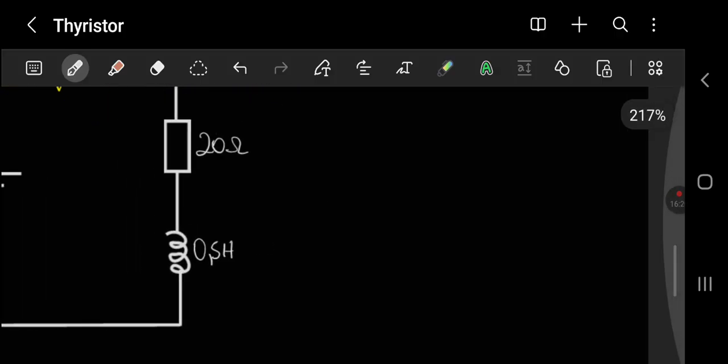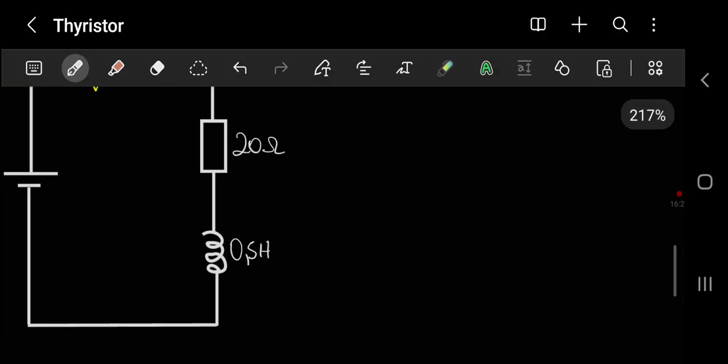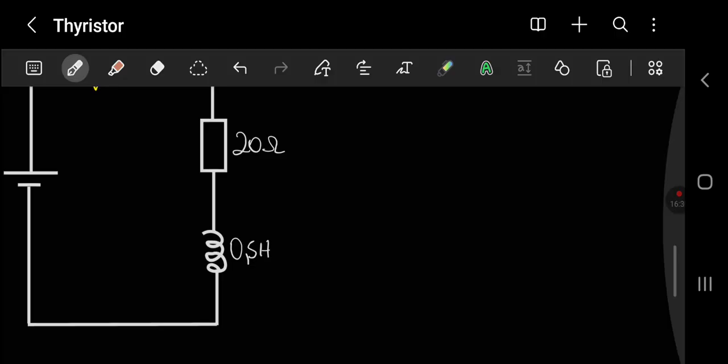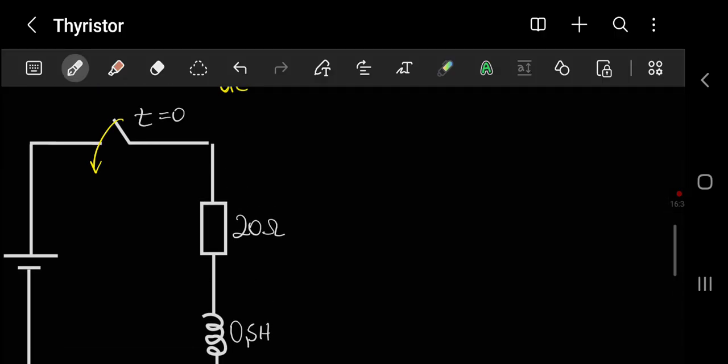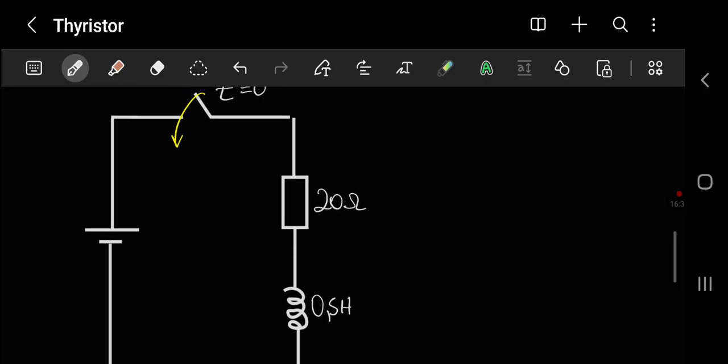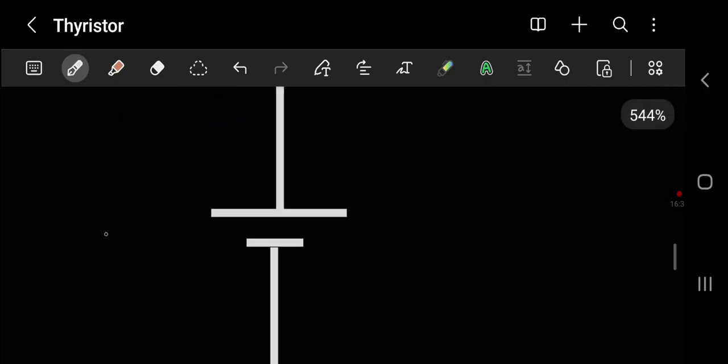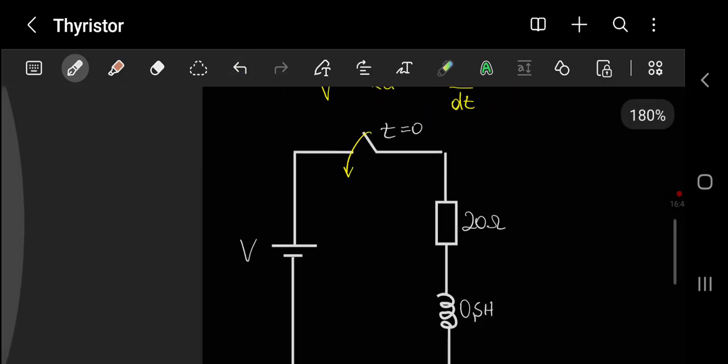Okay, this is an RL circuit you might have already seen in your electronics or basic circuit classes. As the switch closes, the voltage is applied to the circuit, any voltage.